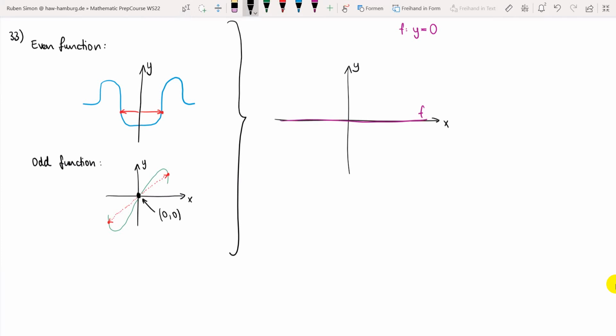So how could we describe this mathematically? Any idea?